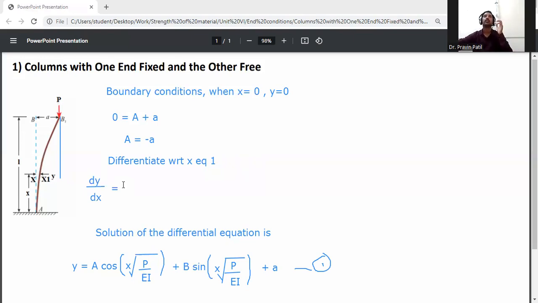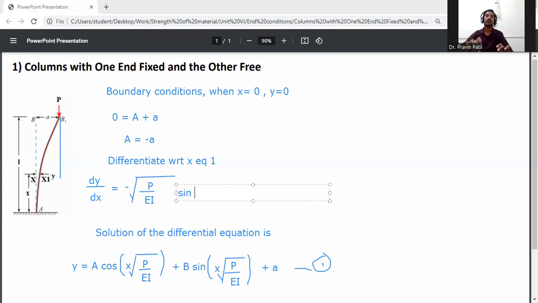So first of all, root p by a it will be minus. So why have I written minus? Because the derivative of cos is minus sine. So it is a constant, take root of p by a, then sine.